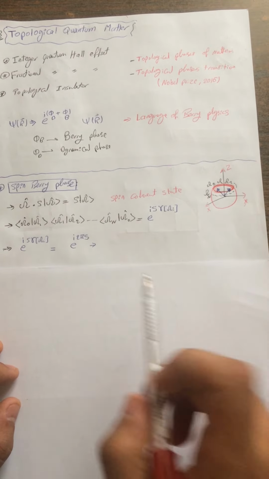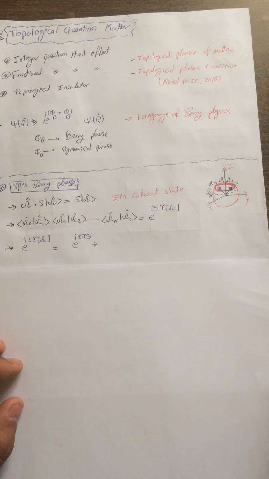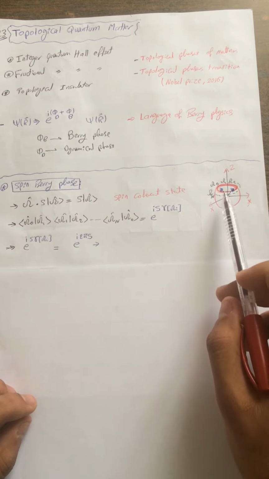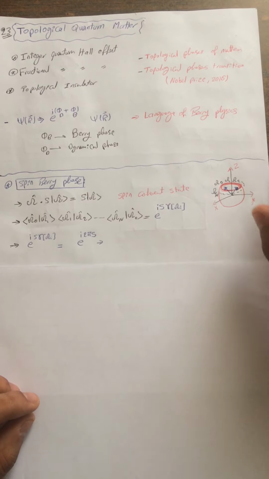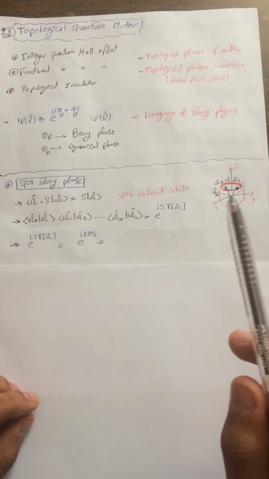We have a coherent state, which is an eigenstate of the spin operator. So this is a spin coherent state, rotating a spin around this area. And actually you will see in a second that this term is nothing else than a magnetic field. But let's just focus on this spin problem, which for Berry we call the spin-Berry phase.